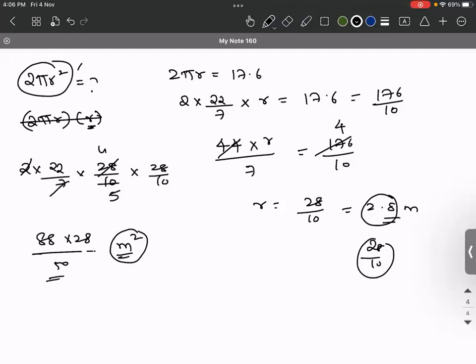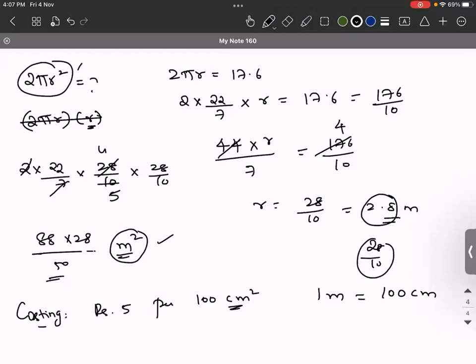Now if you read the question, what did they say? It is costing rupees 5 per 100 centimeters square. We have the area in terms of meter square. Tell me, 1 meter is how many centimeter? 100 centimeter.